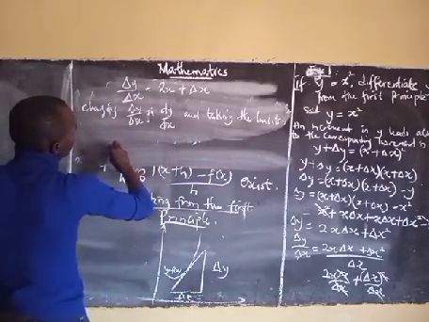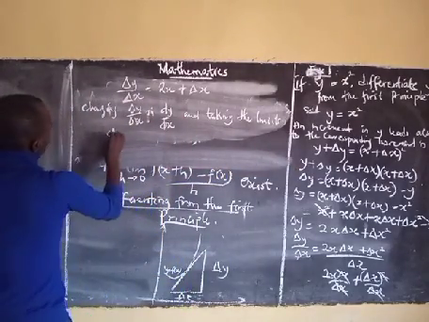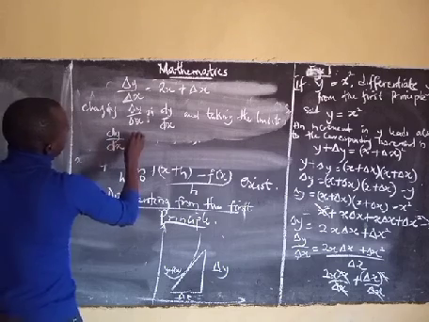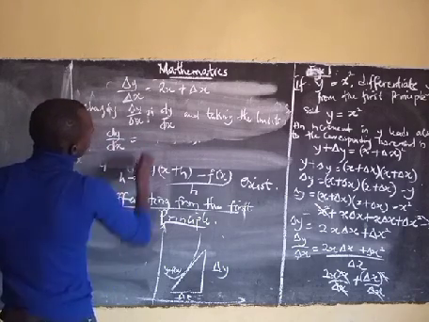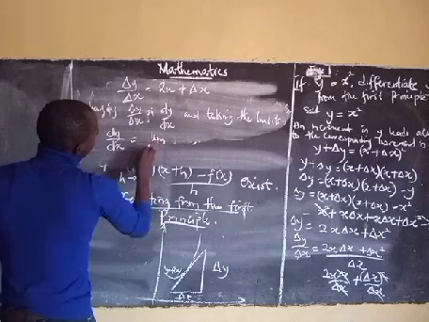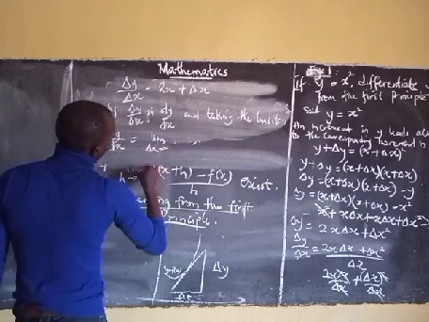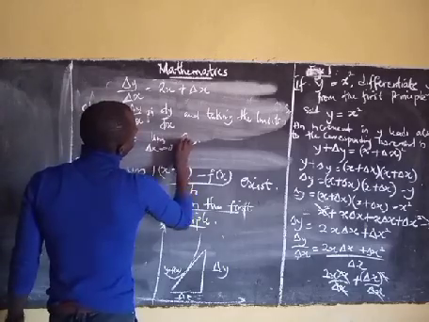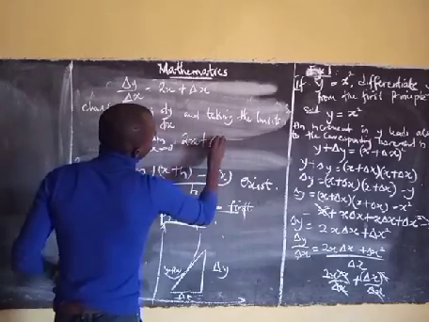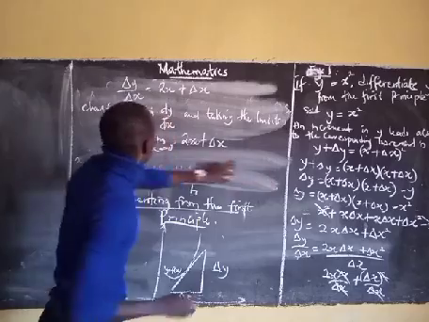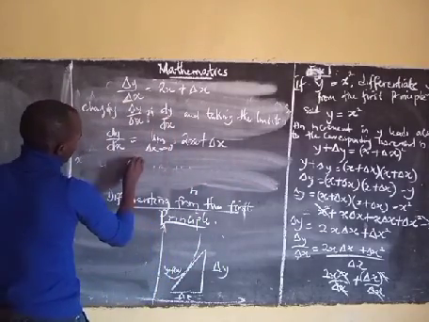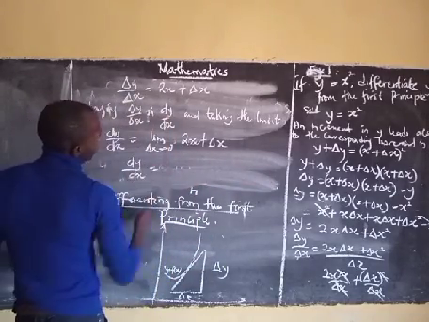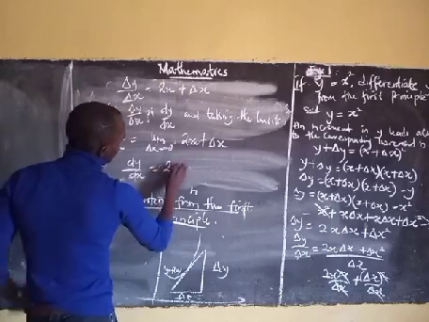We have dy dx equals the limit as change in x tends to 0 of 2x plus change in x, and we now have dy dx equals 2x.